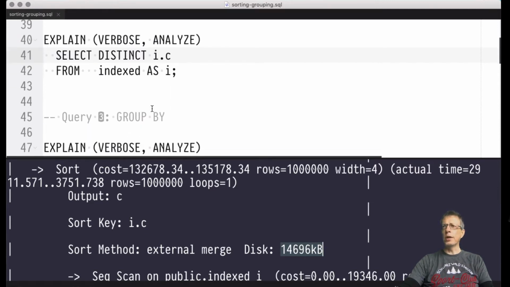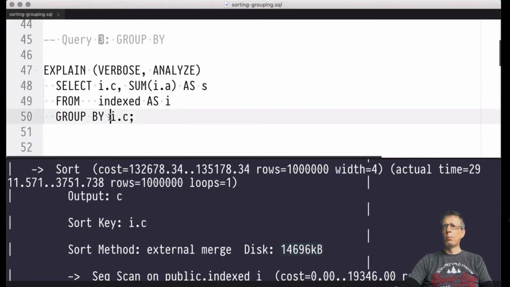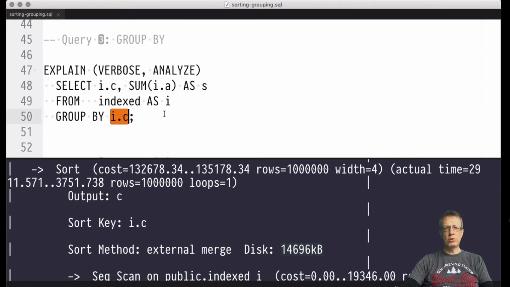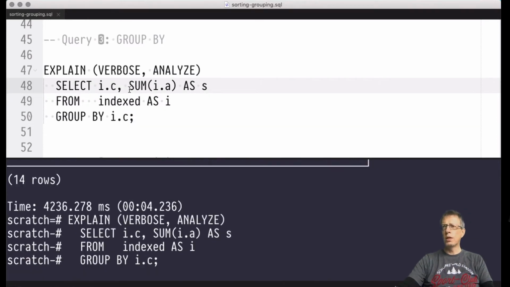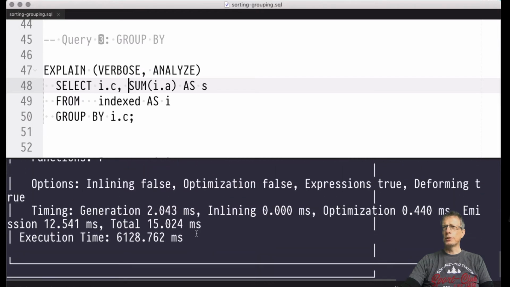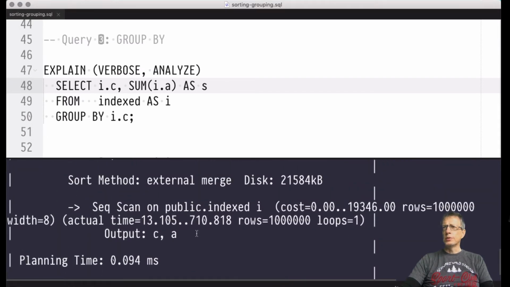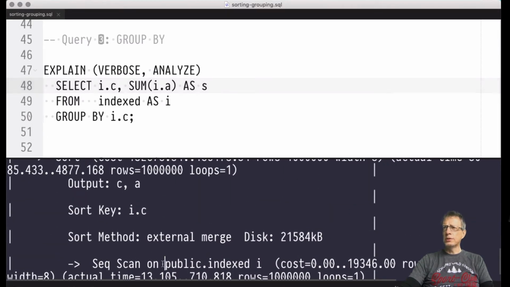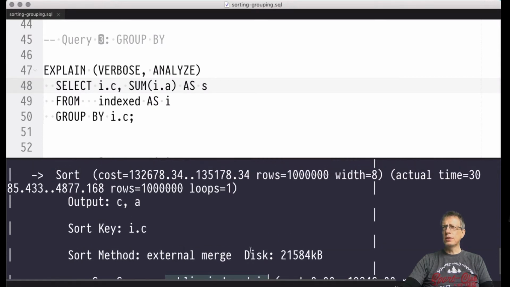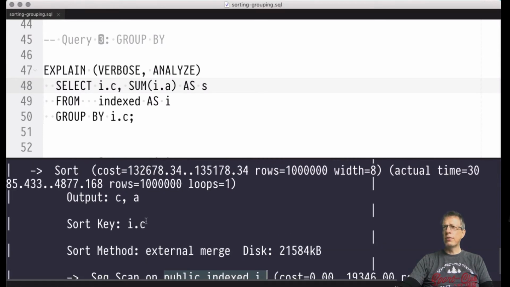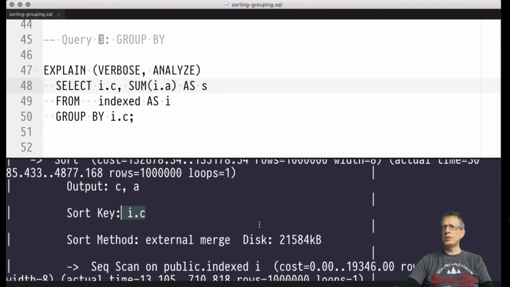Nice. All right. So now group by the grouping criterion C, which again will lead to a sorting by column C. Let's look at that. All right. There is the scan of the rows of index E and index I, and this is the sort again regarding our sorting criterion C here.